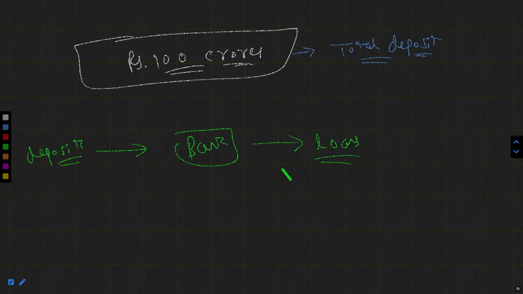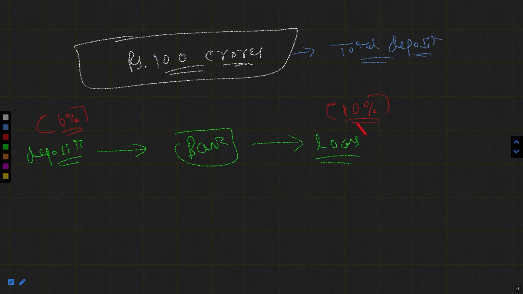So the bank generally accepts deposits and grants loans. This is the basic functioning of the banks. When someone deposits an amount with the bank, the person is eligible to receive some interest from the bank. Suppose 6% is the interest the bank has to give to the depositor. And we know when we take a loan from the bank, we are liable to pay a certain interest rate. So suppose 10% is the interest rate.